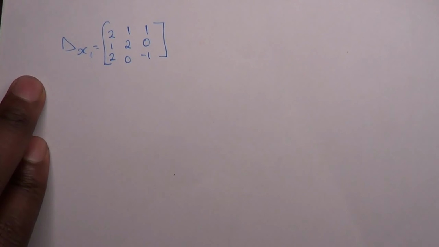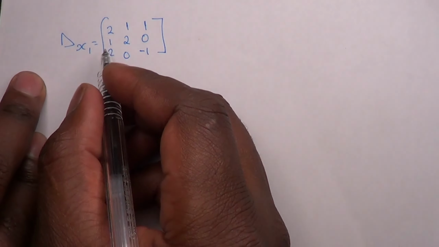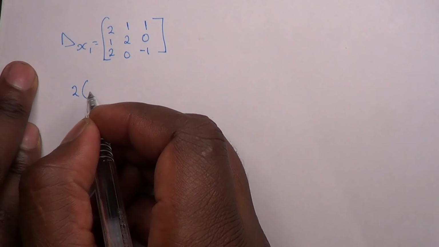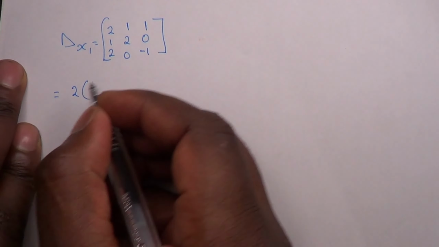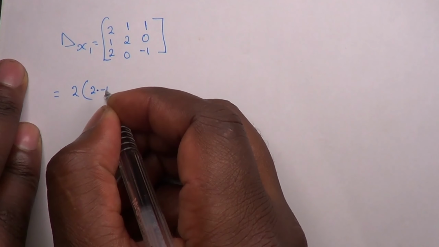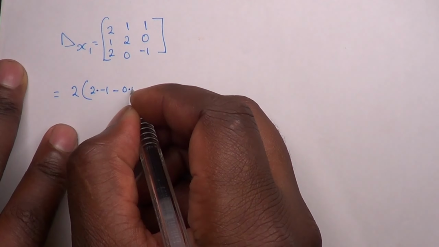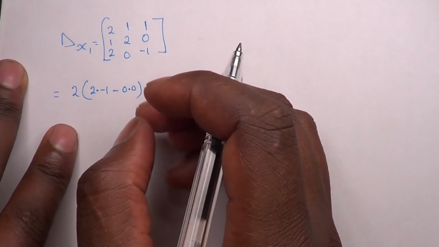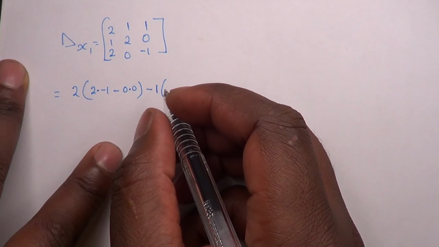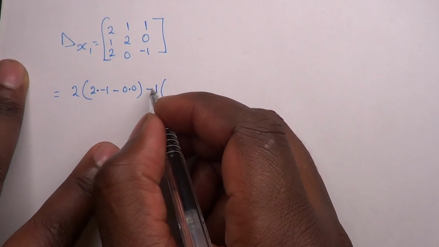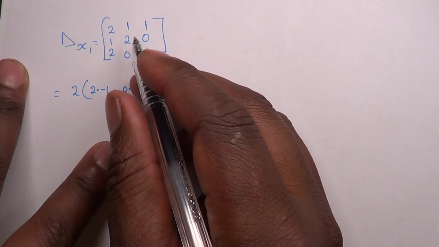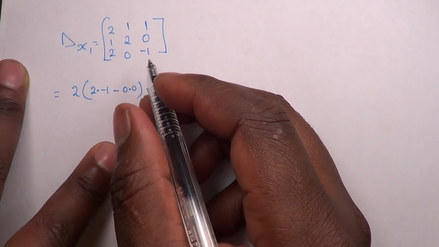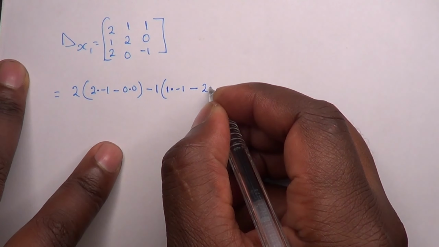The determinant of this one, we start with 2, and multiply with the minor, that is 2 times negative 1 minus 0 times 0, minus 1 into, because I have shown you how to do it, check my previous videos and you will learn more about it, 1 times negative 1 minus 2 times 0.